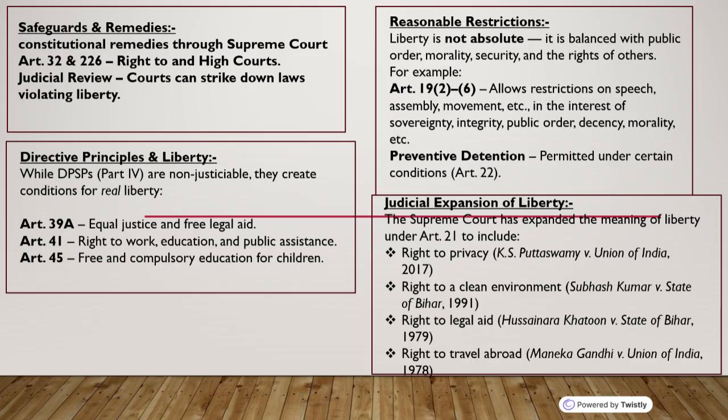If you abridge these provisions, then you'll be deprived of your liberty. Okay, Article 22 is another exception for the liberty, and judicial expansion of liberty. Okay, we'll be reading this all in upcoming sessions.